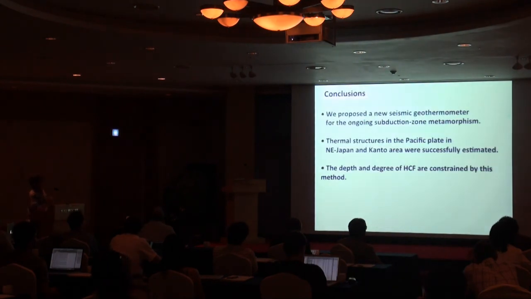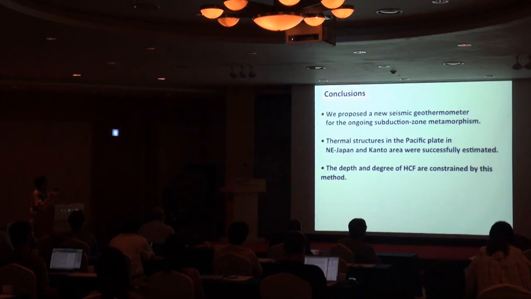Okay, so there's a conclusion, and we propose a new seismic geothermometer for ongoing subduction zone metamorphism. And thermal structure in the Pacific Plate in Northeast Japan and the Kanto area was successfully estimated recently.